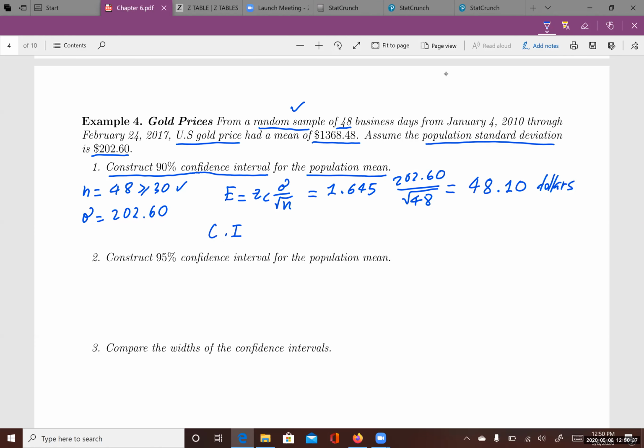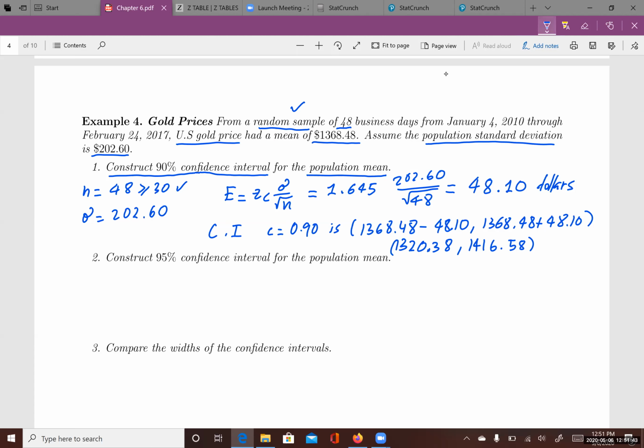Then the confidence interval for C equals 0.9 is 1368.48 minus E and 1368.48 plus E. That gives you $1,320.38 and $1,416.58.